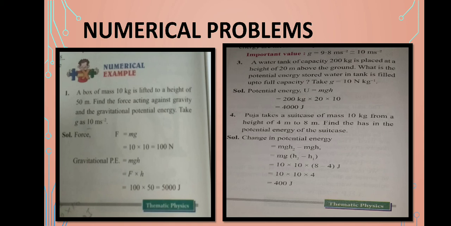It is same, mgh, using same formula. Fourth numerical, Pooja takes a suitcase of mass 10 kg from a height 4 meter to 8 meter. She was standing at a height of 4 meter, then she went to 8 meters. So the height here is 8 minus 4, 4 meter. So you find potential energy.